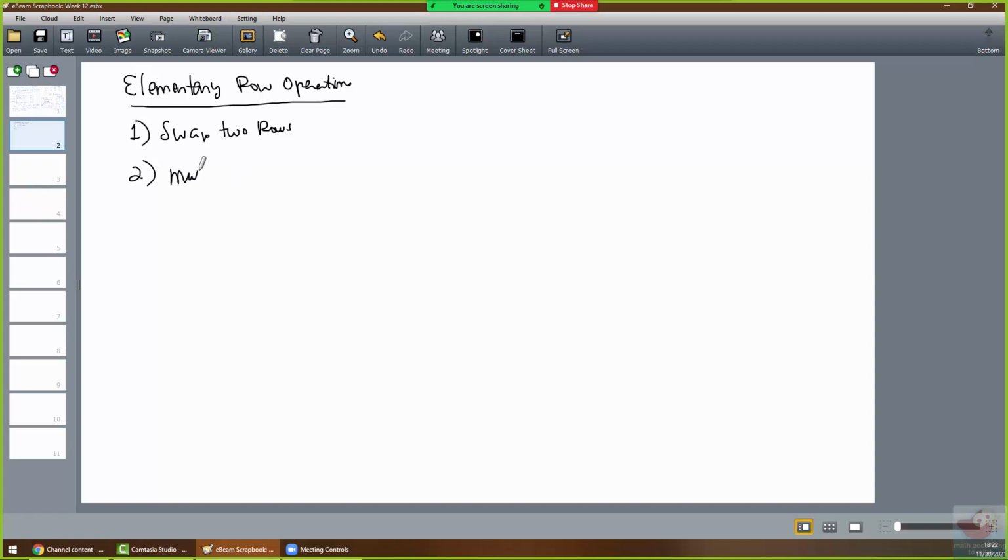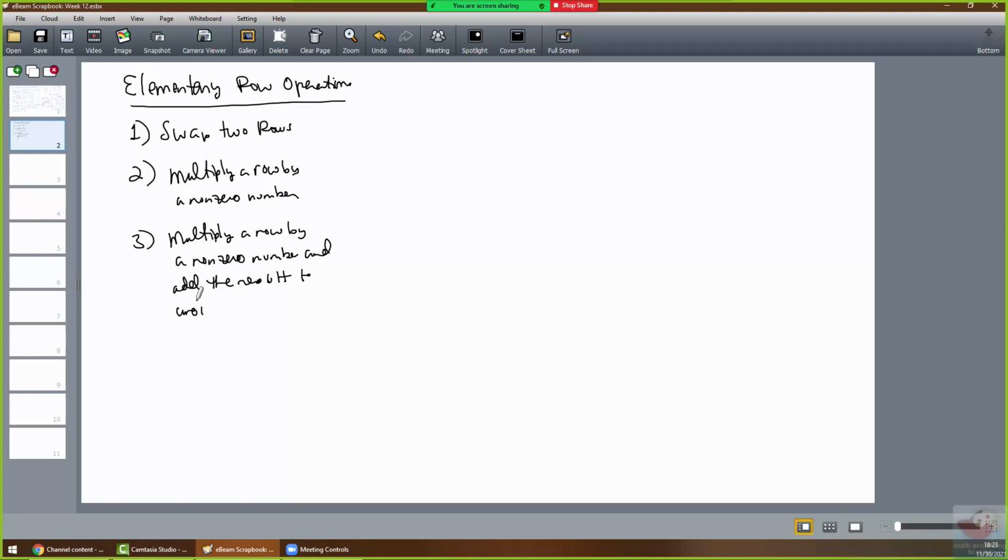You are allowed to multiply a row by a non-zero number. And you are allowed to multiply a row by a non-zero number and add the result to another row. These are all legal.